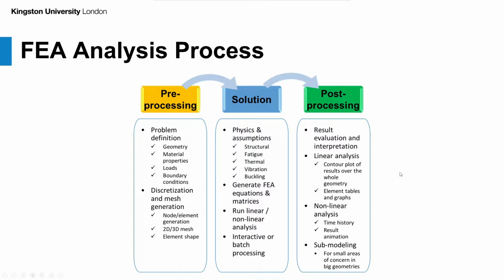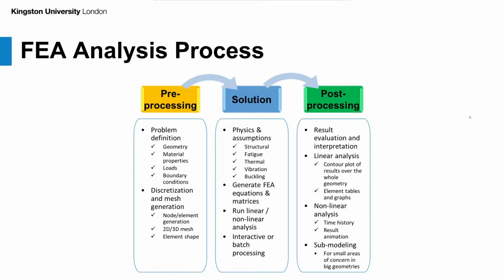So whenever we talk about FEA analysis, we talk about these 3 processes, which are really important that we need to follow. We'll start with the pre-processing, which is basically where we need to define the problem we have. In order to do that, we need a geometry, so of course, we need a computer-aided design model.